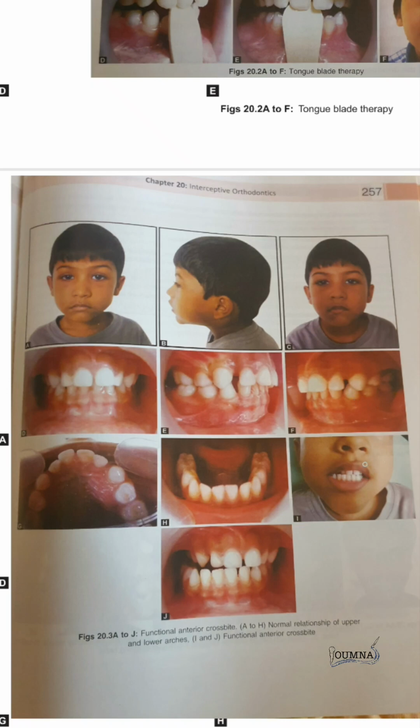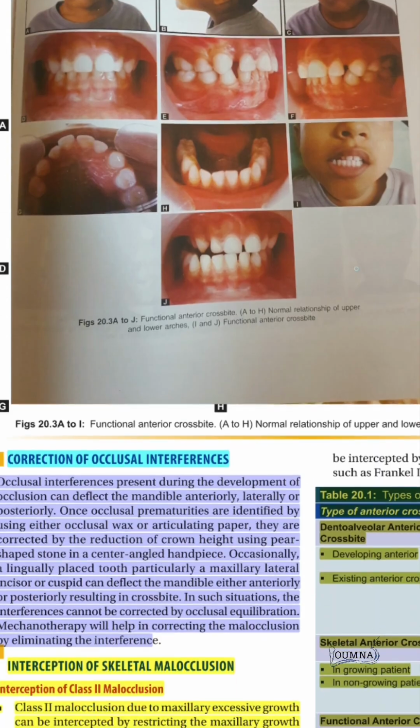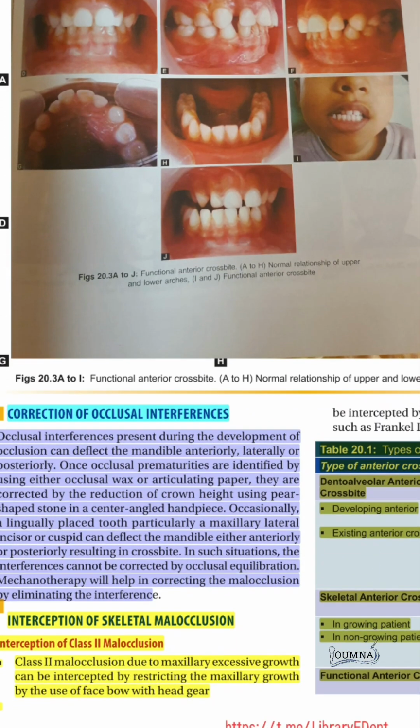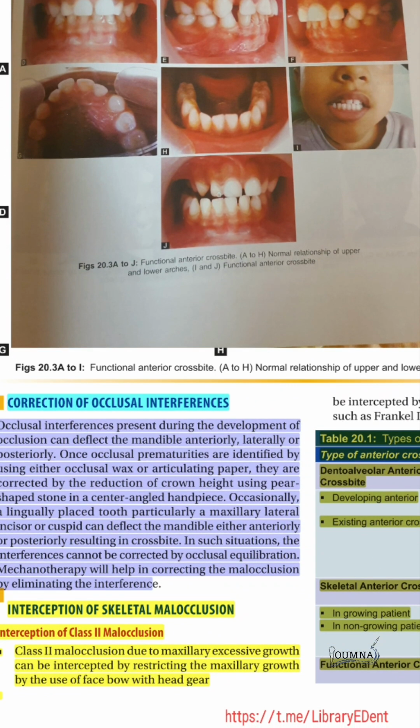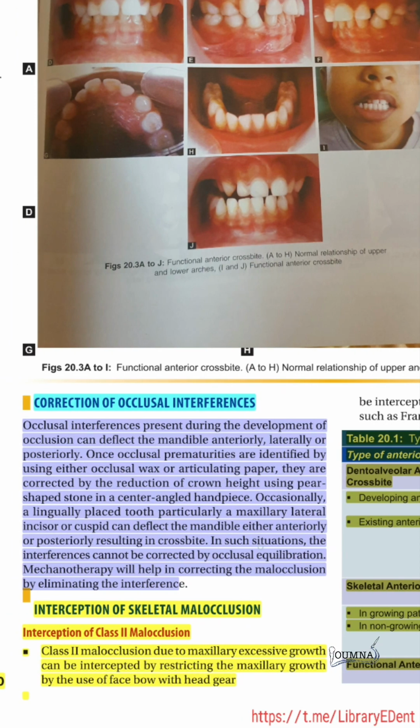So when we see that it is only a functional class 3, and it is due to an occlusal obstacle in the teeth, we remove it.